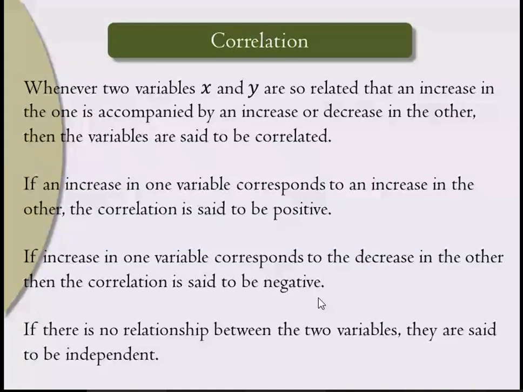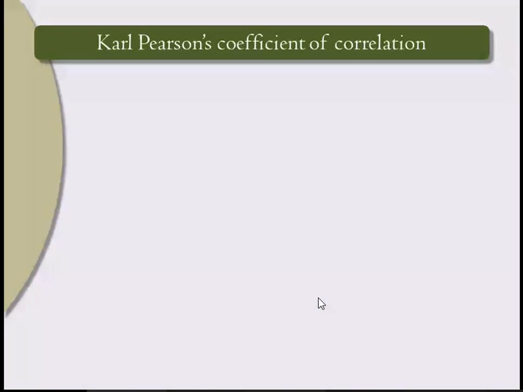And different types of correlations are there: positive, negative, or no relation. Now, how to make use of the tabular values, or what are the formulas for finding this correlation? There is one formula by which we can get this correlation, and that formula is called Karl Pearson's coefficient of correlation. So we'll see that formula.